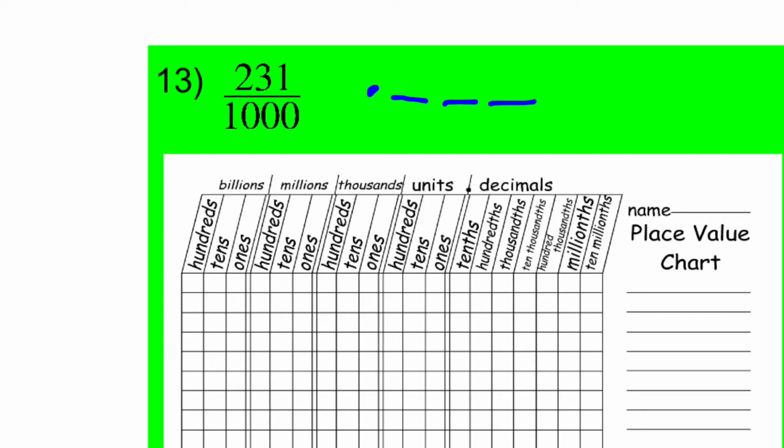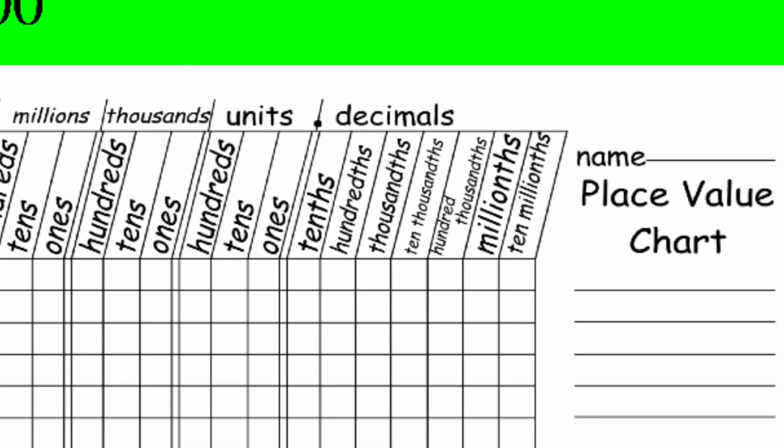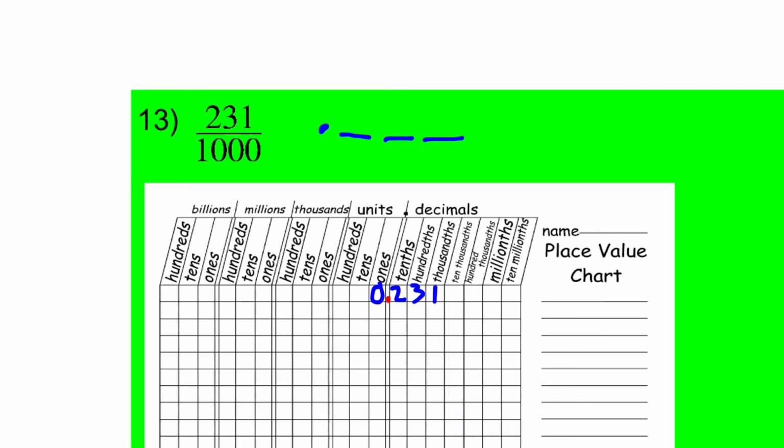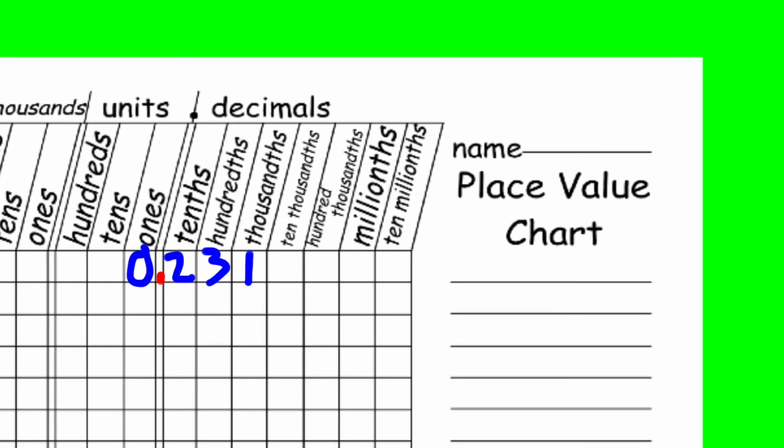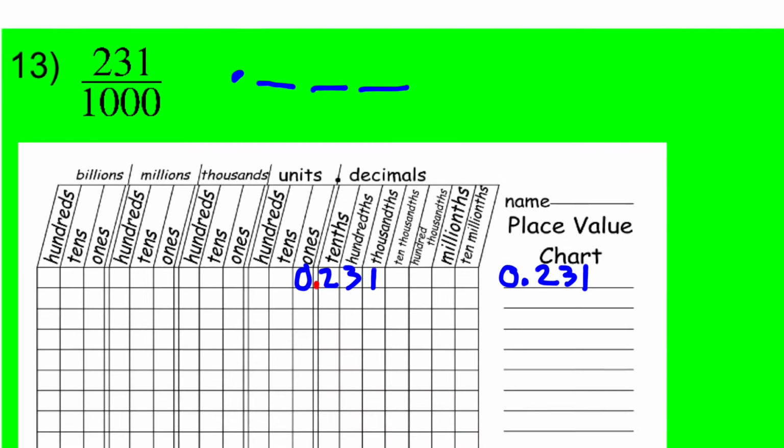And the digits on top of the fraction indicate the values that will go in those decimal spots. So we're going to have 2 tenths, 3 hundredths, 1 thousandths. Decimal, of course, and 0 in the 1 spot. So we would say this is 231 thousandths. Or we could say 0 and 231 thousandths.